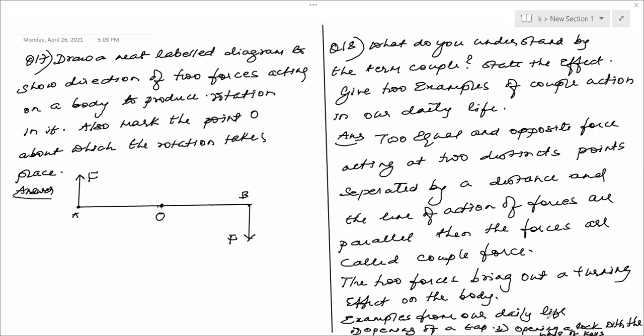That key you insert inside, you apply a couple force on the key to open the lock. So you can see this answer, children.